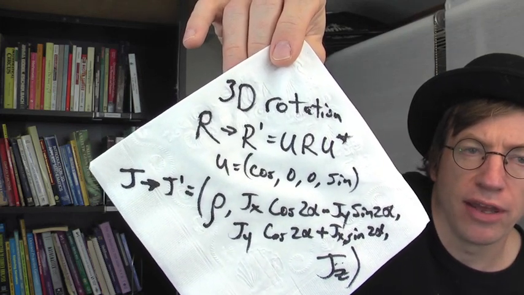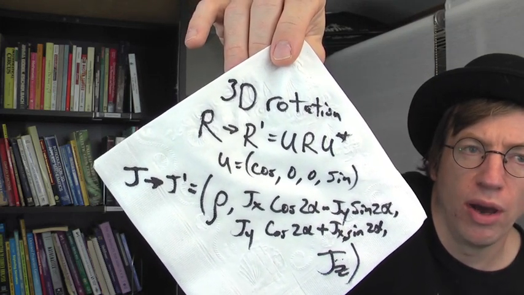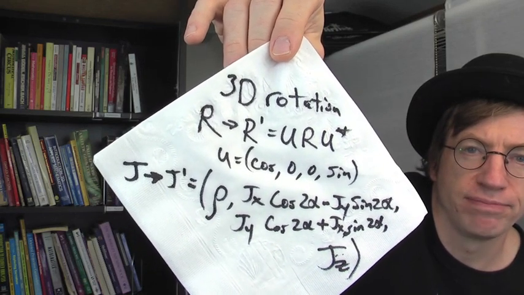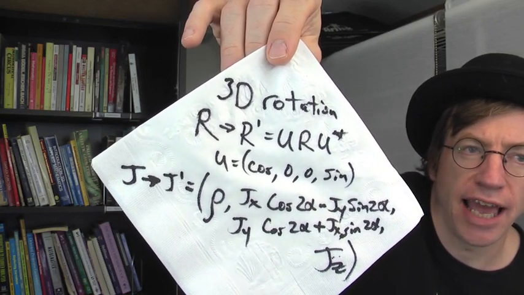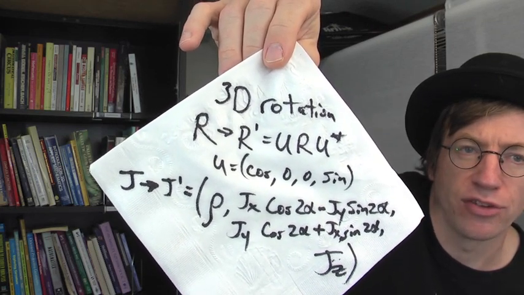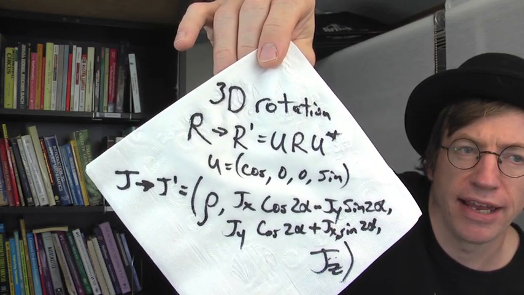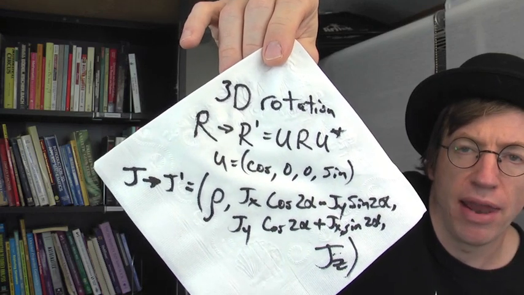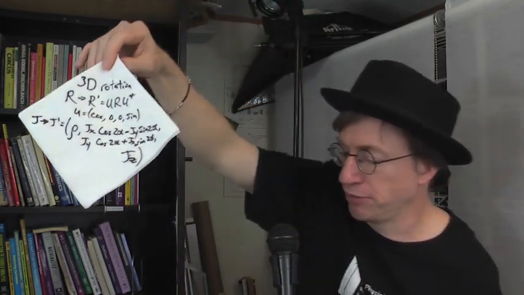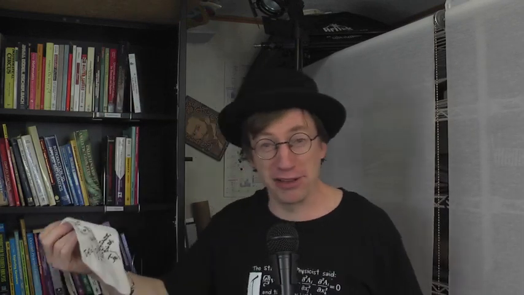And when you do that, you'll notice that the rho and the JZ terms are left untouched. And it's just the X and the Y terms that have cosines and sines. One of them's positive, one of them's negative. Okay, it's confusing, but it's not impossible to believe. And that's all using a pretty standard quaternion approach.